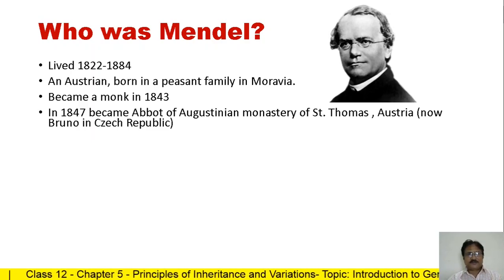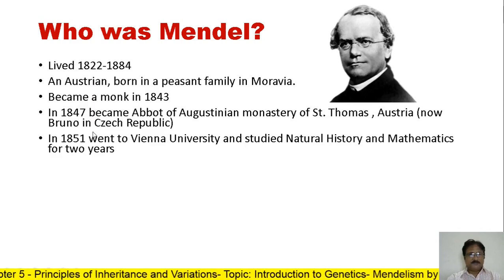So abbot means the head. In 1847, Mendel became the head of the Augustinian monastery of St. Thomas in Austria. Now it is in Czech Republic, Brno. In 1851, he went to Vienna University and he studied natural history and mathematics for 2 years.